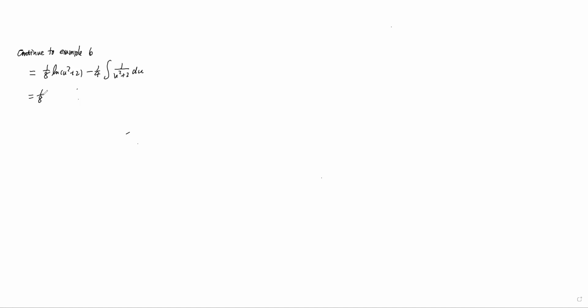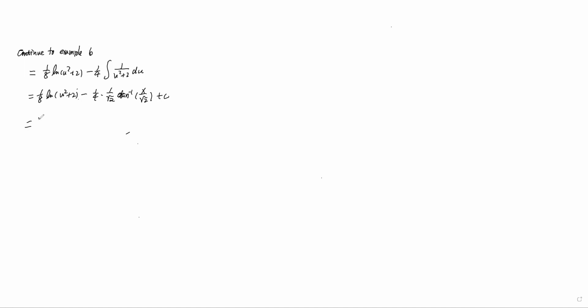You have the audio for this part, but you cannot see what I wrote. So this is 1/4 times 1/square root of 2 times inverse tangent of x over square root of 2, plus c. And then let's come back.